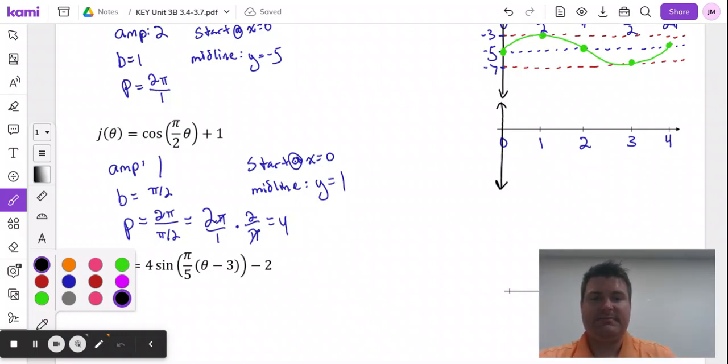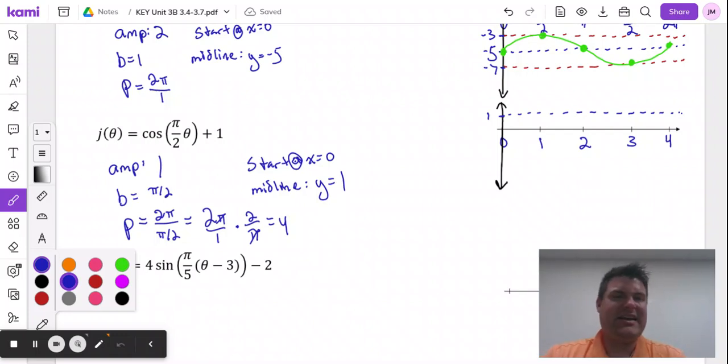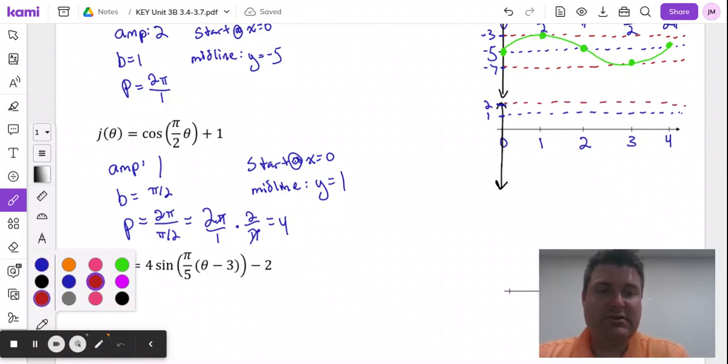And so now my y-axis is right there. My midline is right here at 1, and I'll even do my little dashes right here. That's not asymptotes. It's not anything other than just a guidance for us. Amplitude is 1, so I'm going to go up 1 more to 2, and I'm going to go down 1 more to 0. So my top is 2, and my bottom is at 0.